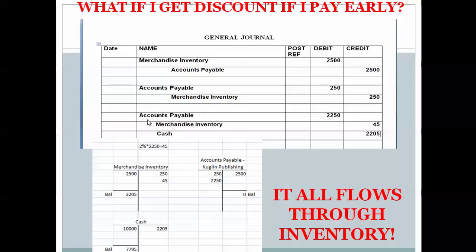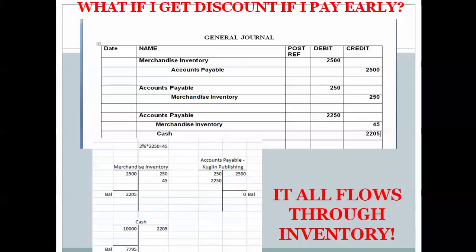And then to record the payment, we had determined that we had $2,250 still owed on our accounts payable after sending back the merchandise. So we need to make sure that we take that entire bill off our books. And in order to do so, we are going to have to debit the entire $2,250 out of our accounts payable so that we show a zero balance at the time we make the payment.